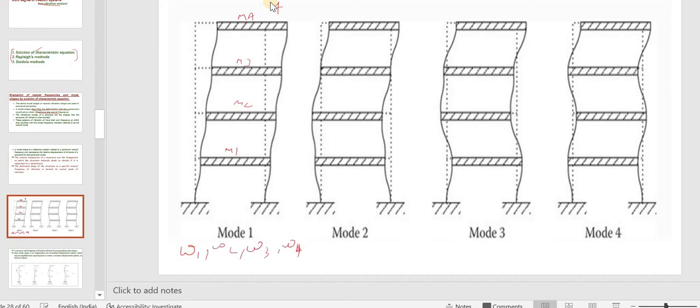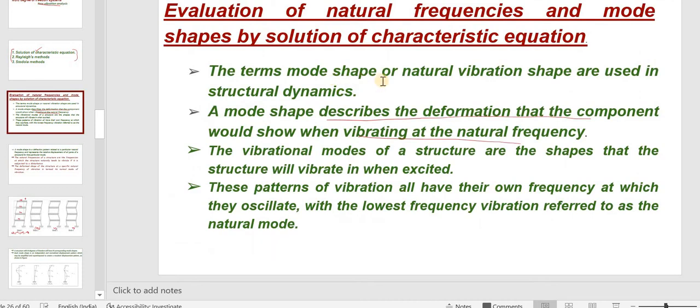So when omega 1 is happening, at a time only one frequency will be there, and it will be vibrating like this. The shape can be different when omega 2 is happening, when omega 3 and when omega 4. Here you can see the vibration is changing. So how the structure will vibrate, that shape is known as mode shape.